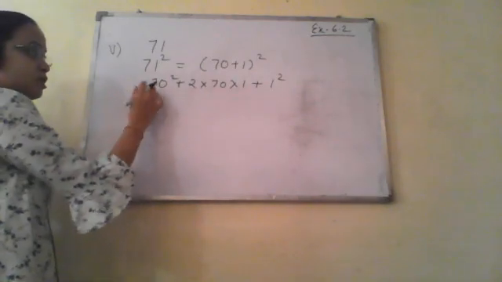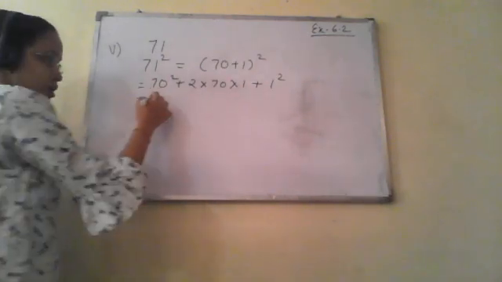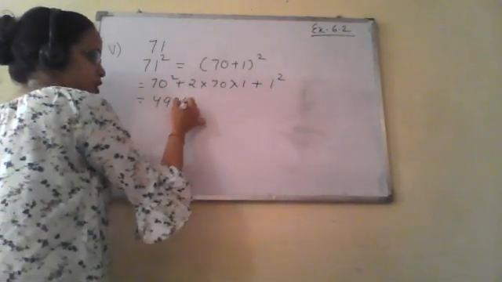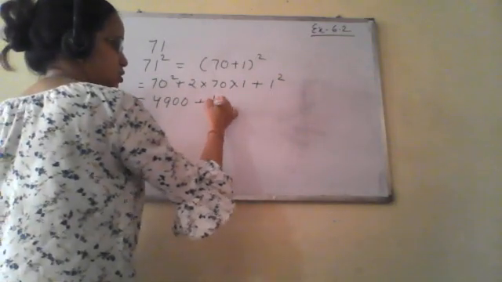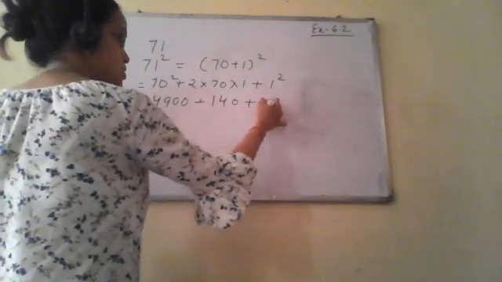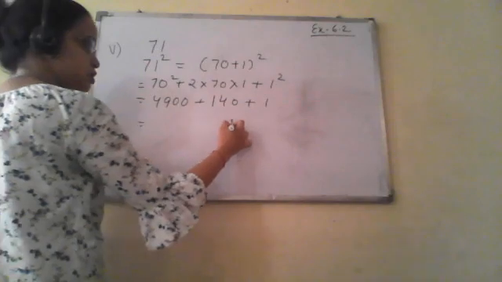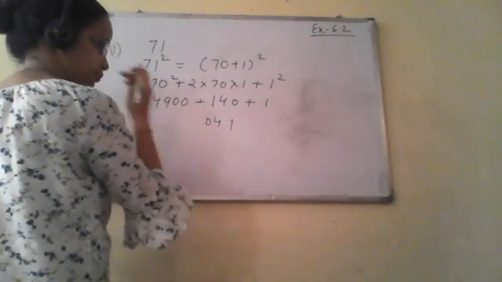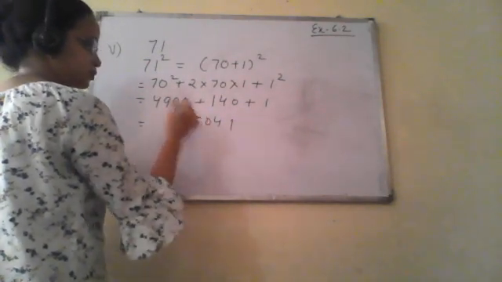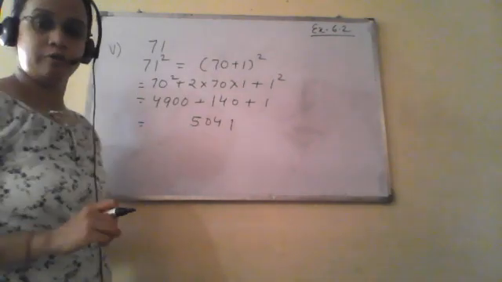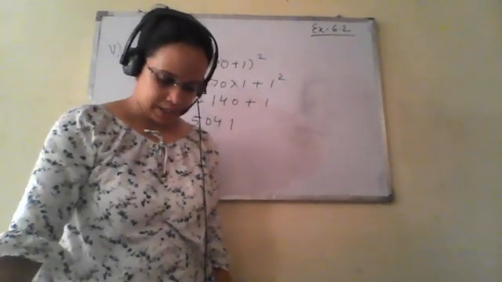So this is 70 into 70, that is 4900, plus 140 plus 1. So 5041 is the square of 71.